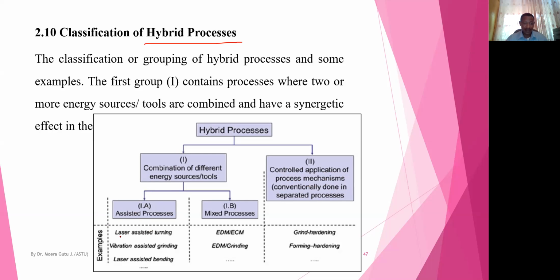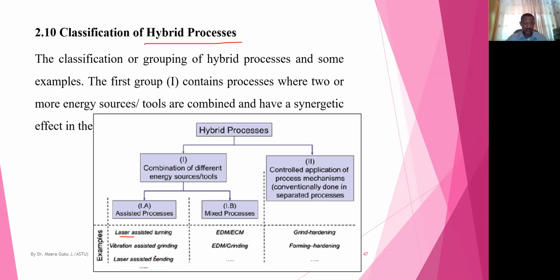Laser means light amplification by stimulated emission of radiation. So laser uses radiation technology in the cutting process. Laser application can ease material removal during hard turning. So we are using a laser beam in addition to the turning process. So this is the first hybrid category.